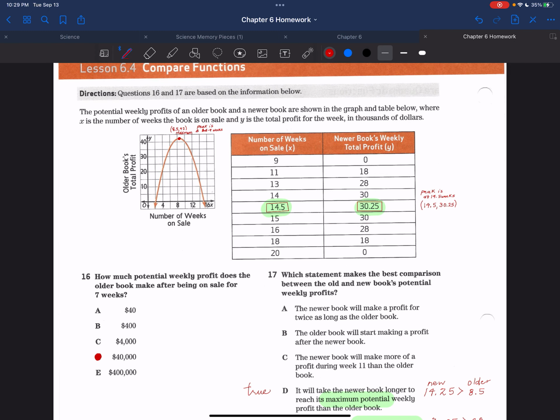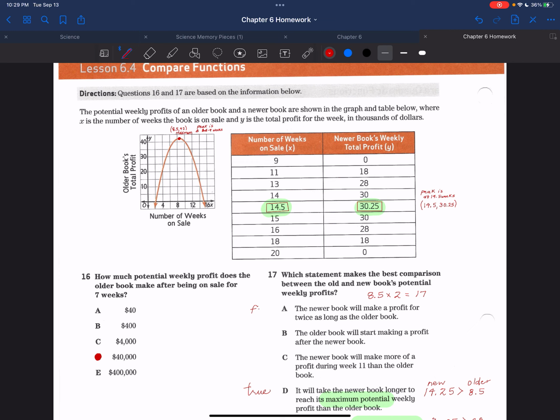Okay, the newer book will make a profit for twice as long as the older book. Well, the older book was 8.5. That's when it peaked. So twice that will be 17. The newer book didn't make it to 17. It started that decline after 14 and a half weeks. It started going back down.